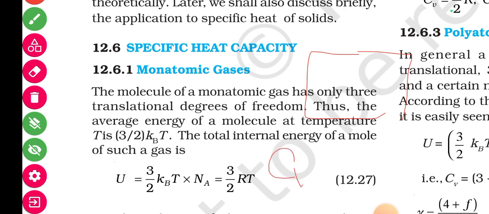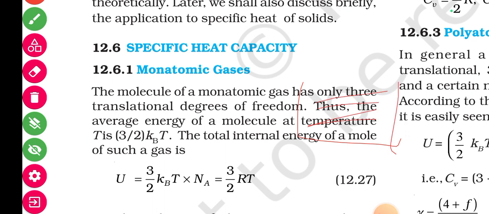That will be its Cv, the specific heat capacity at constant volume. And if there is no such restriction, the pressure is constant, it is open. In that case, the amount of heat required to raise the temperature by 1 degree Celsius will be Cp, the specific heat capacity at constant pressure.